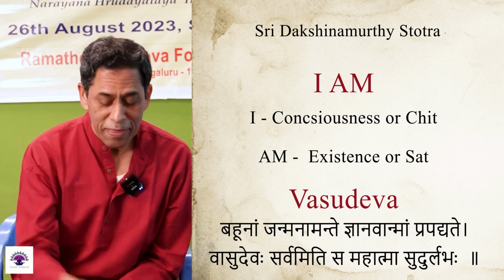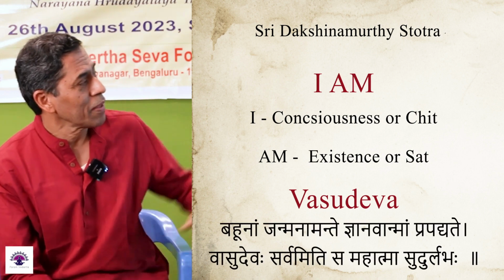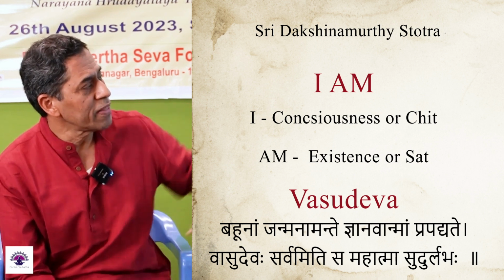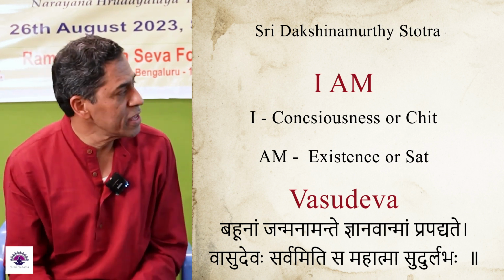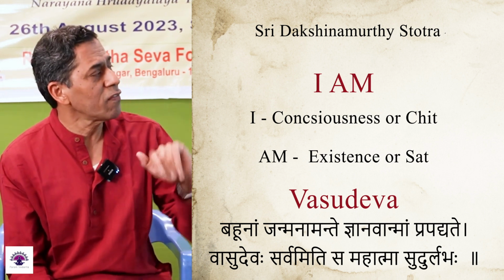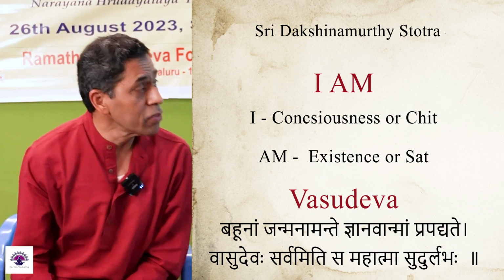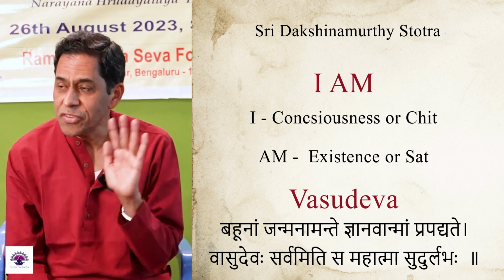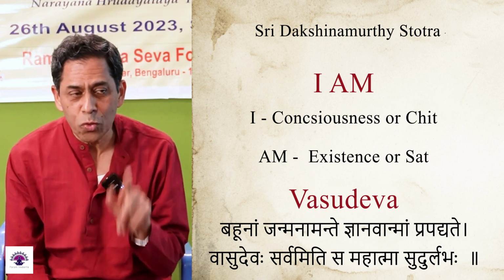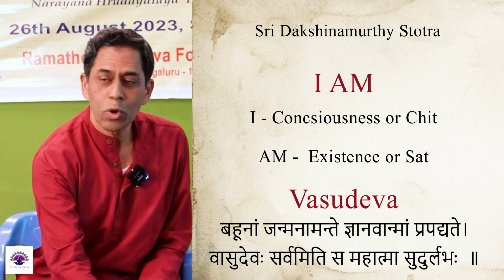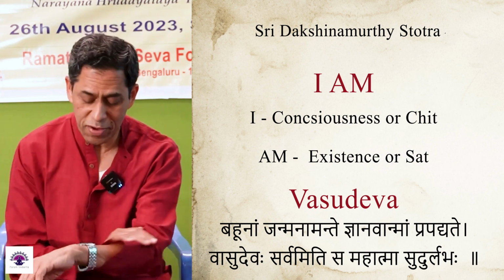Bahunam janmanam ante, you know? Bahunam janmanam ante jnanavan mam prapadyante, Vasudeva sarvam iti. Sa mahatma sudurlabha. It is extremely difficult. Vasudeva. And Adi Shankara described what is the meaning of the word Vasudeva.